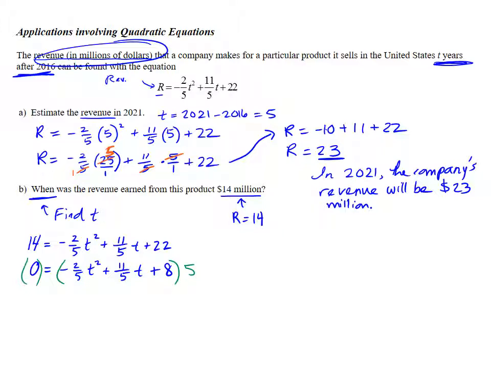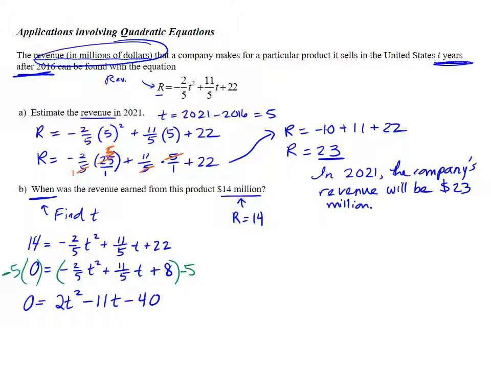But if I do one little thing to 5, if I make it a -5 that I'm multiplying both sides by, that will also eliminate the negative in front of the squared term. So I'm going to do both at once. So it doesn't do anything to the 0 because anything times 0 is 0. A -2/5 times a -5 just gives me positive 2t squared. The 5's cancel, but it changes the sign of the 11. And then 8 times -5 is -40.